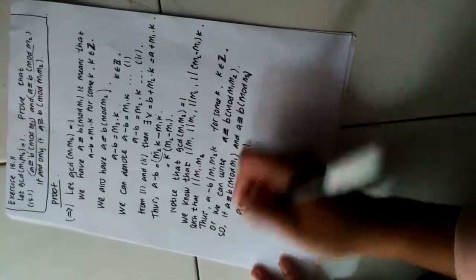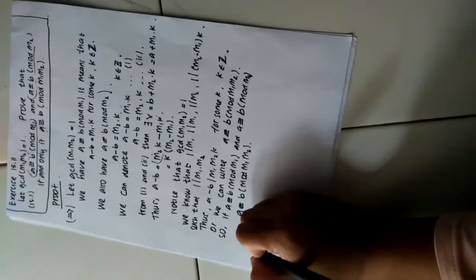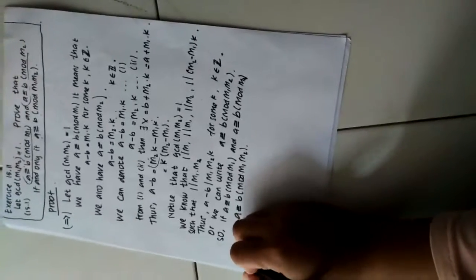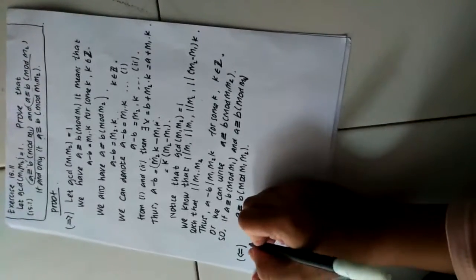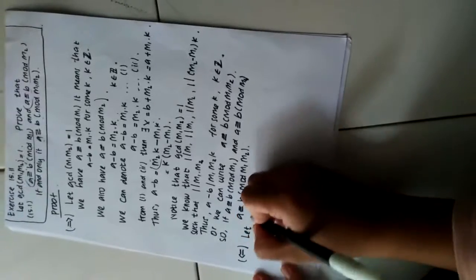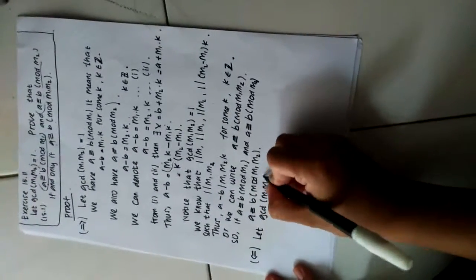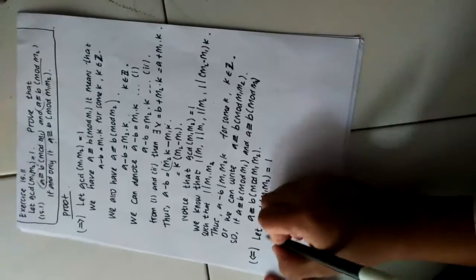And the second, we can prove from the right side to the left side. The first way, we let gcd(m1, m2) = 1.